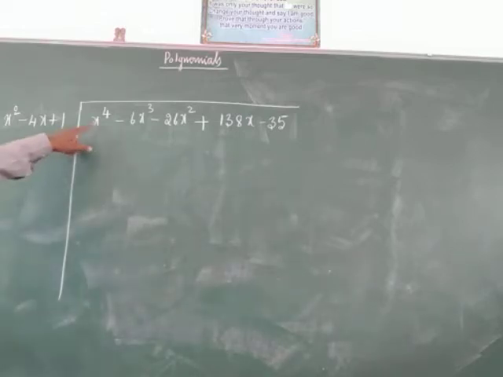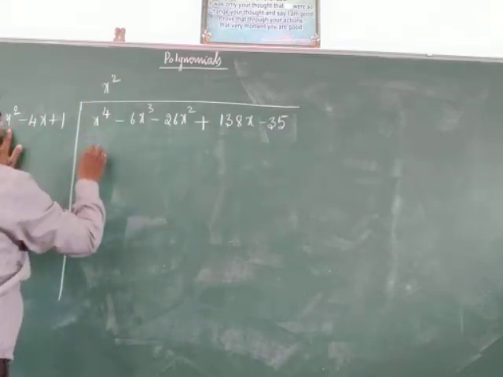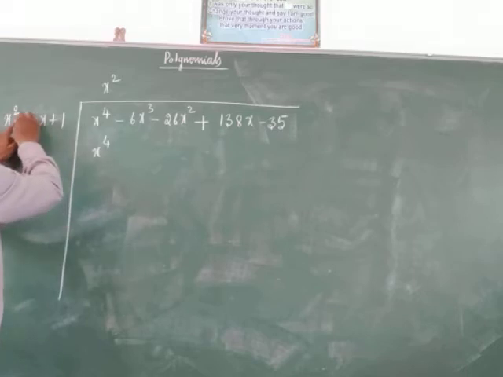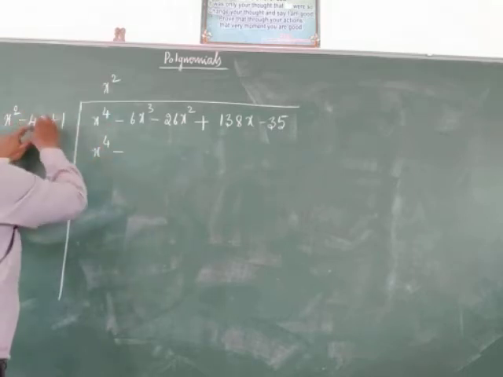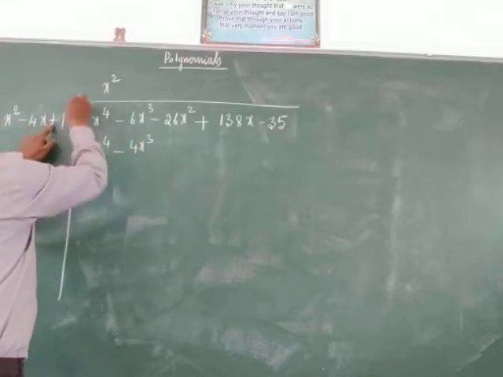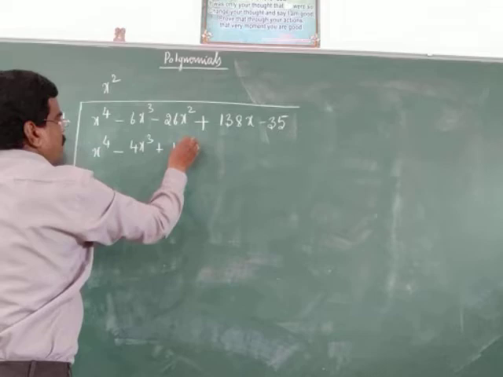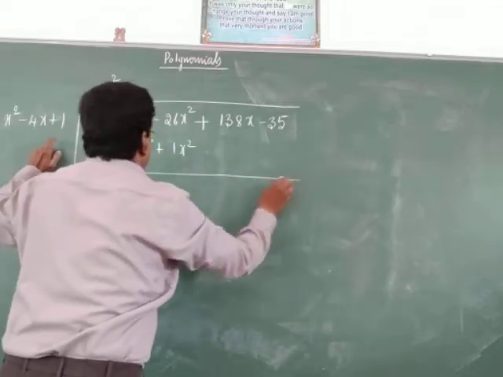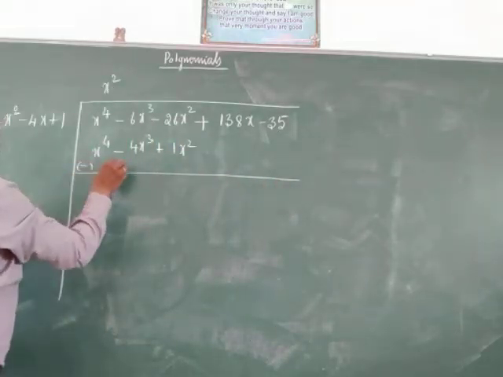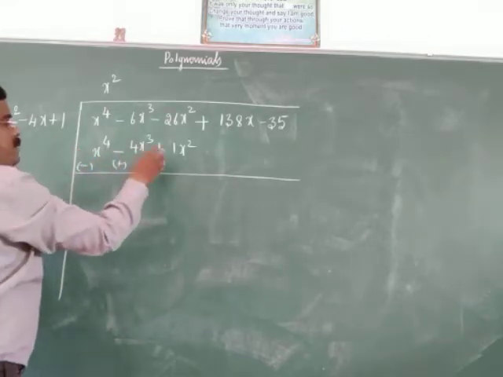x to the power of 4 divided by x square is there. So we will be getting x square. x to the power of 3, minus into plus, minus 4x into x square is 4x cube, plus into plus, plus 1 into x square is 1x square. So show the changing of sign. Plus becomes minus, this minus becomes plus, again this plus becomes minus.